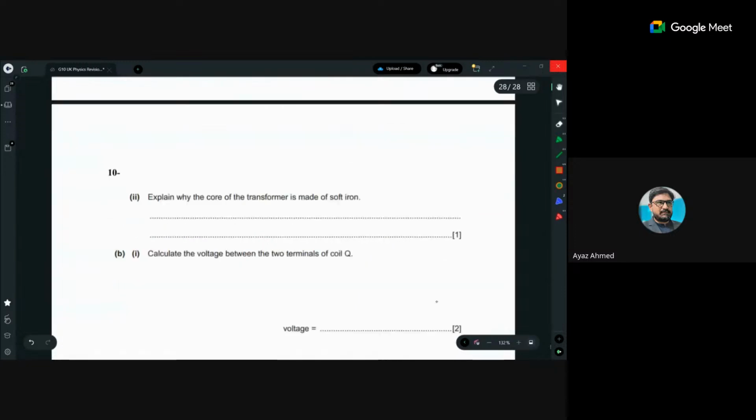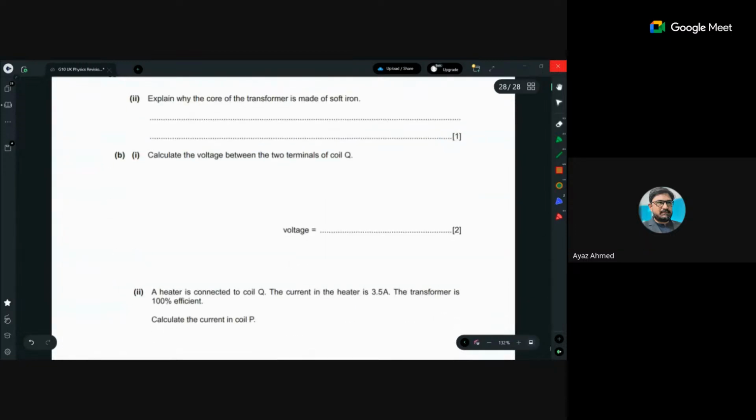Okay, this is the last question. Explain why the core of the transformer is made up of soft iron. Why the core is made up of the soft iron. As I told you, because core links the magnetic field from primary to secondary.